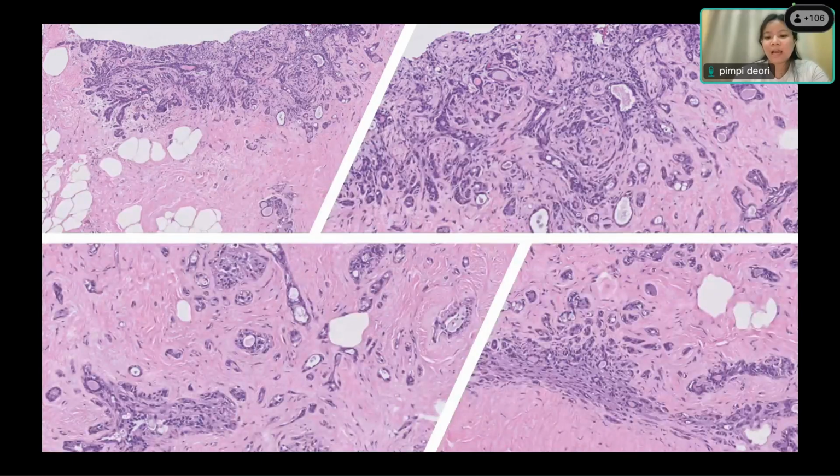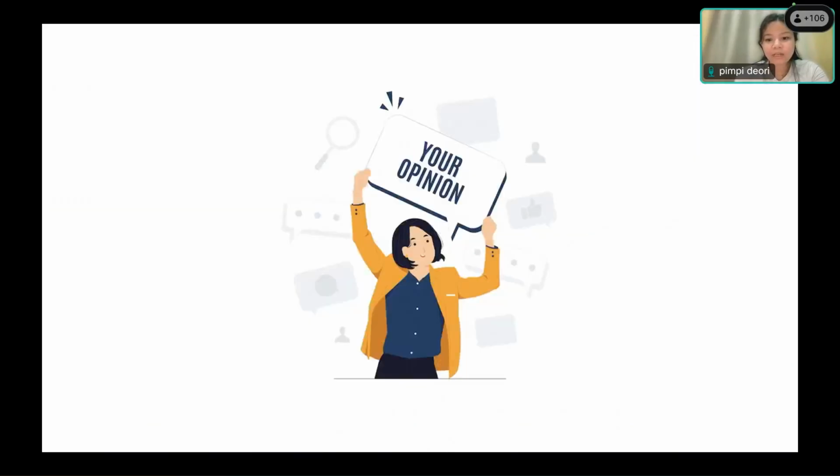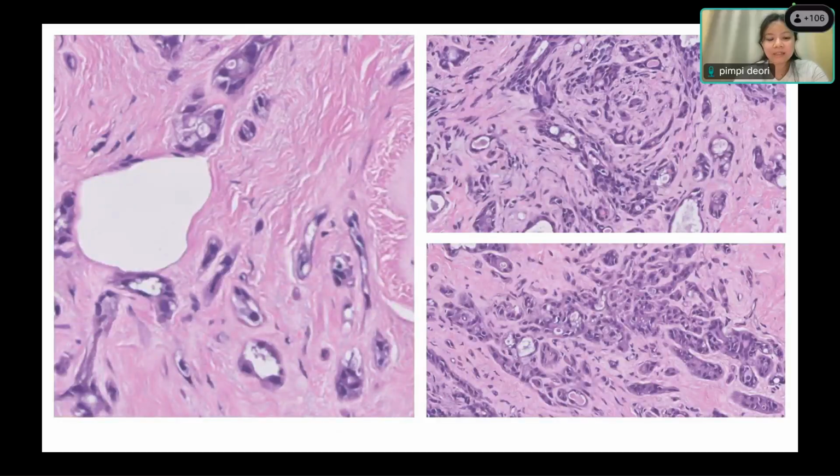And in high power, we can see the cells show marked nuclear pleomorphism, coarse chromatin, and prominent nucleoli. And some mitotic figures are also there. There is formation of small glandular and papillary structures also in some areas. Stromal desmoplasia can be seen.